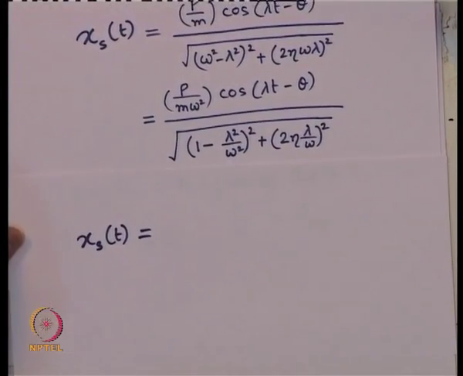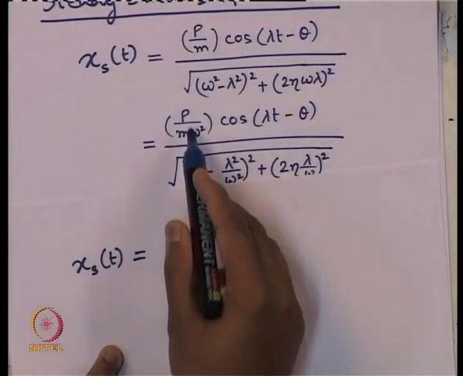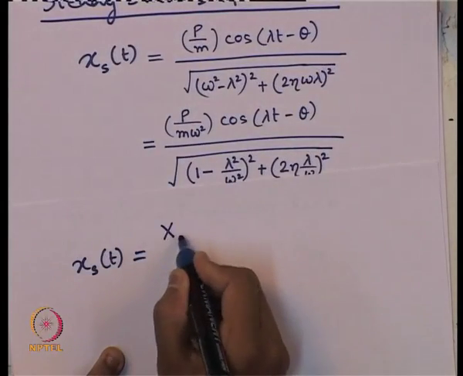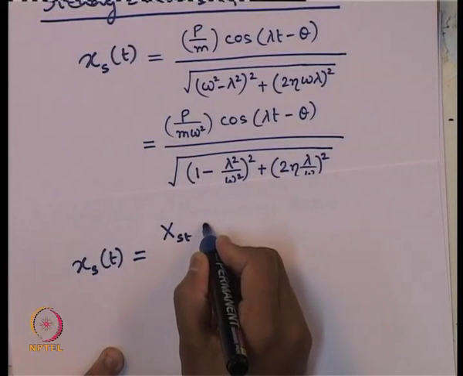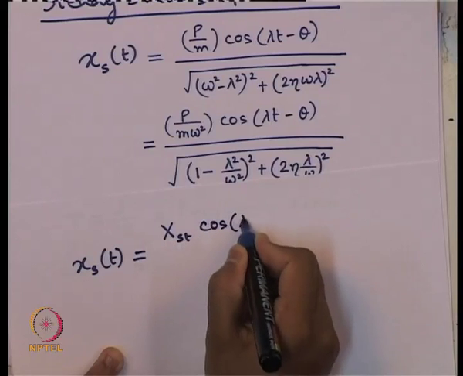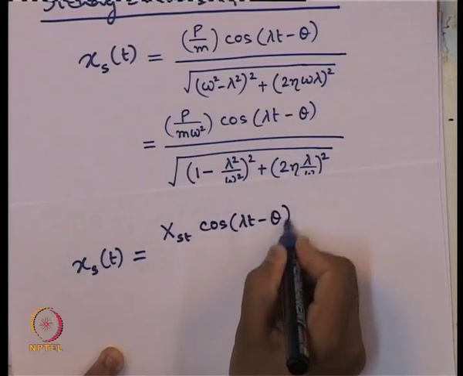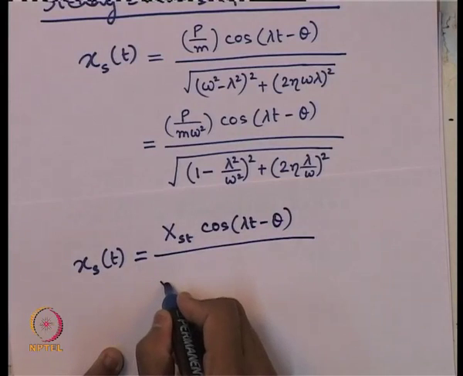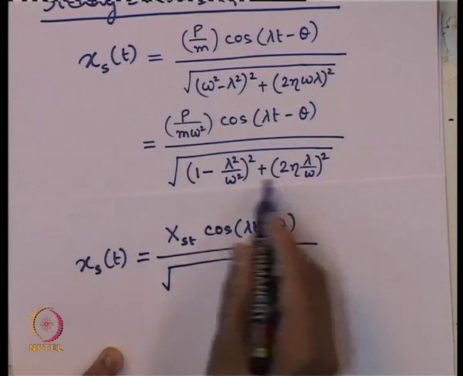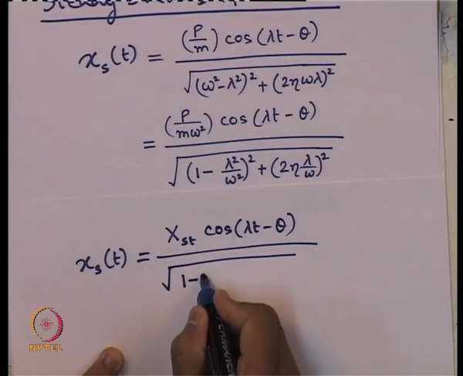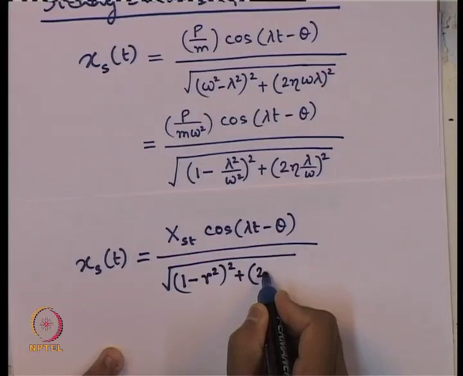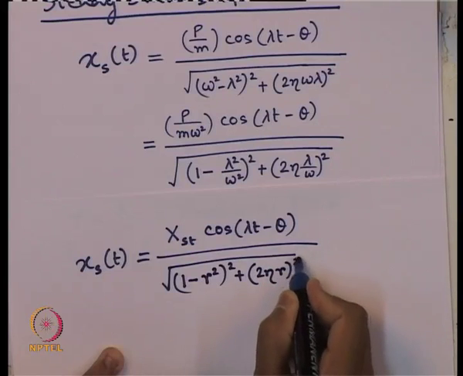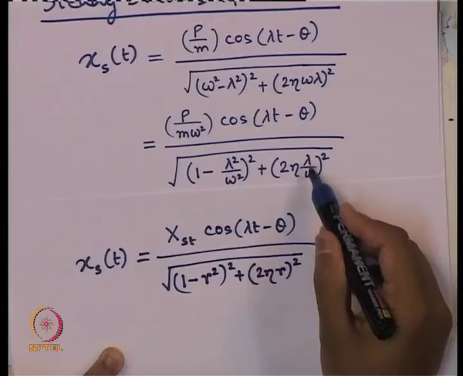Let me put this expression here, so it will be easy for us to follow. This is nothing but the static displacement times cosine of lambda t minus theta by root over 1 minus r square whole square plus 2 eta r whole square, where r is the frequency ratio lambda by omega.